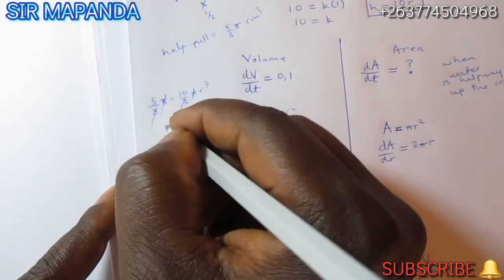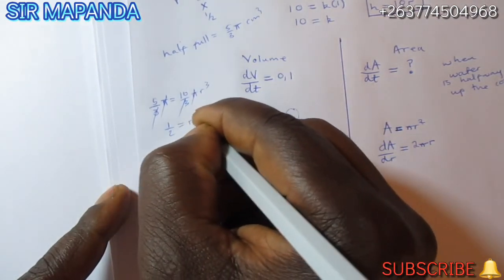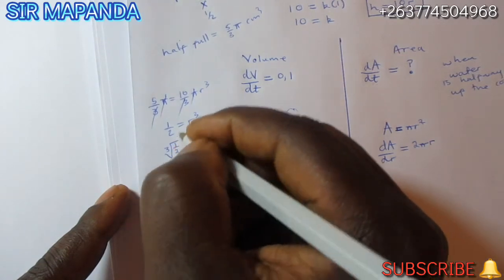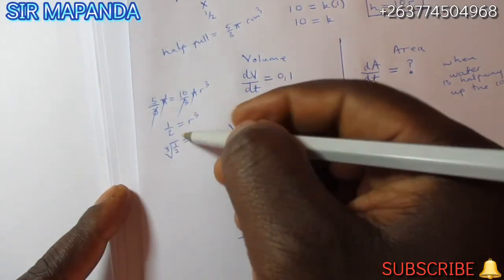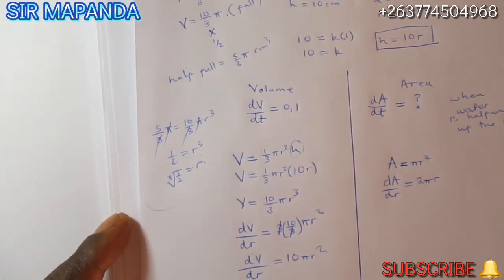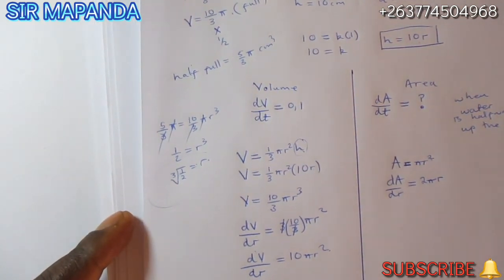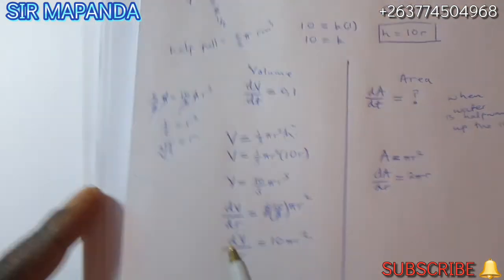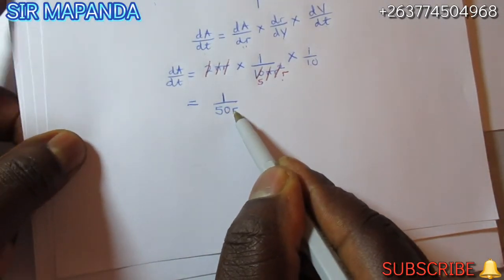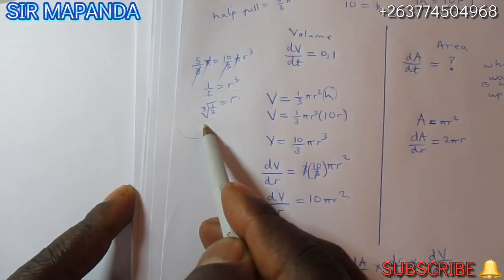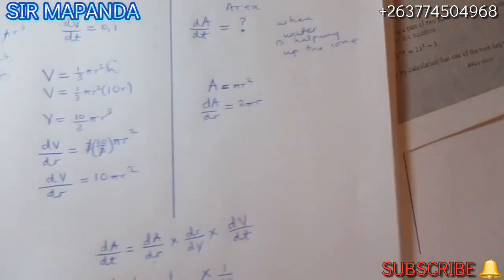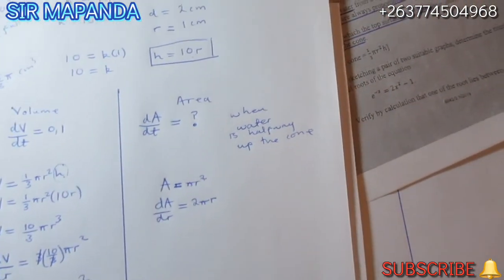If you divide both sides by 10, you get half is equal to r cubed. It means the cube root of half is equal to r. So this is the radius that you use if the question states to find when the cone is half full. You replace this r in front of the 50 with the cube root of half to find your final answer, right? But the question here is asking otherwise, right?